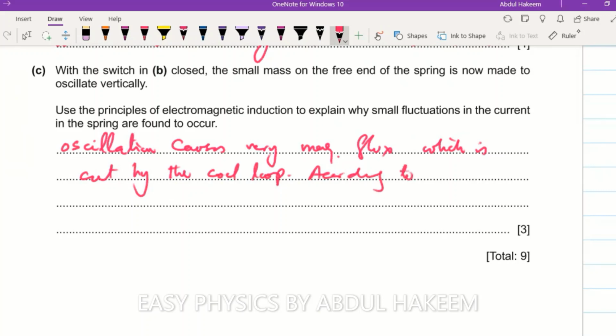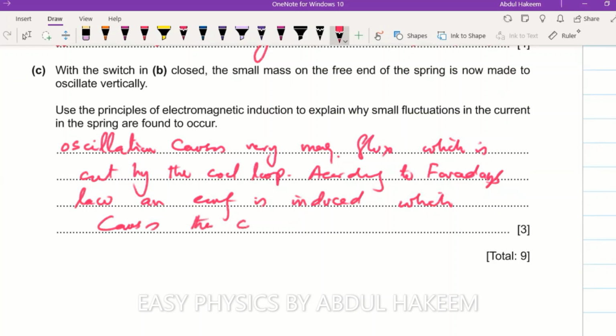According to Faraday's law, an EMF is induced, which causes the current in the coil.